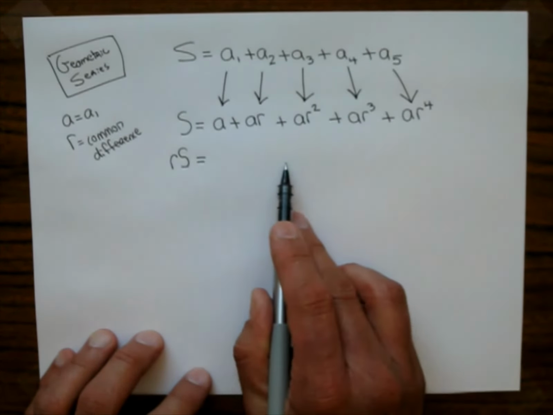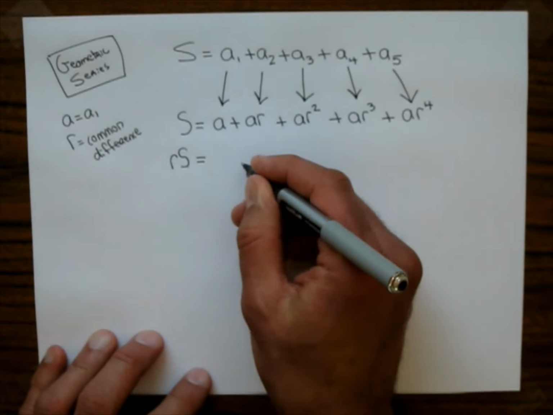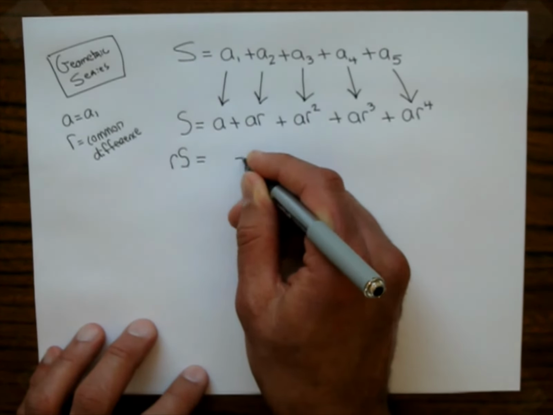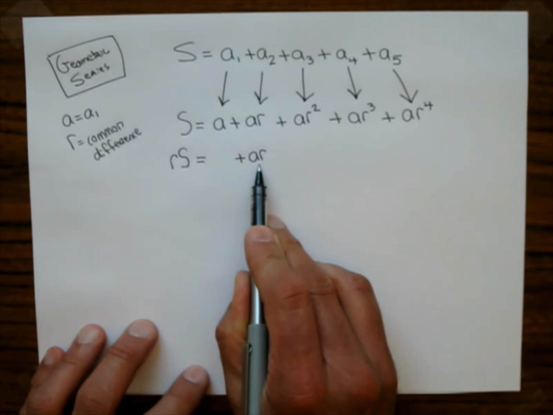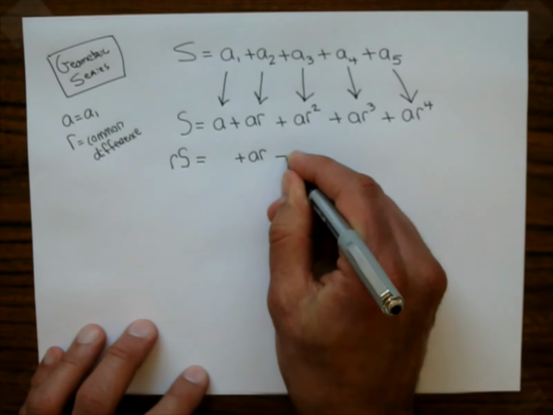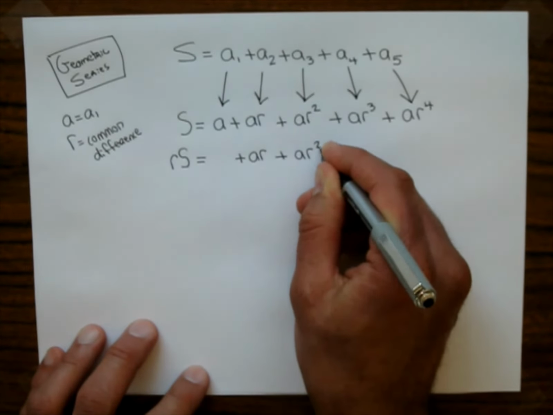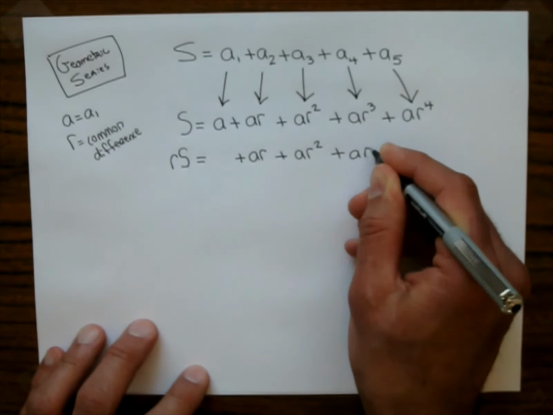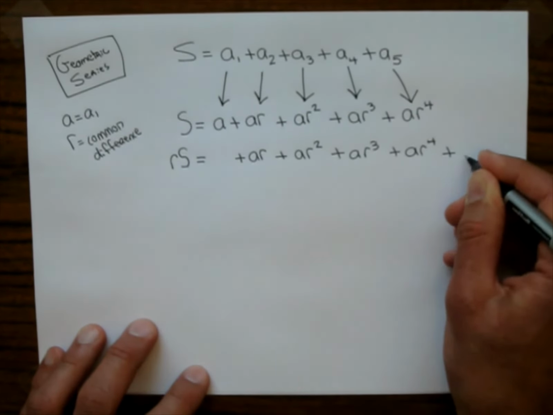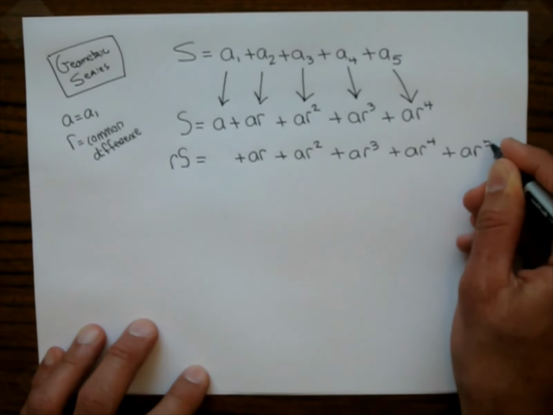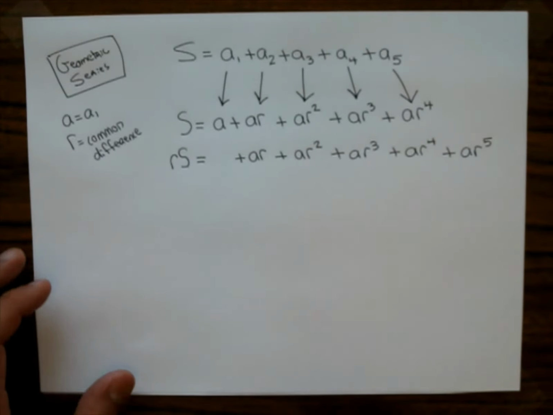I'm actually going to write them down, but I'm going to shift them over here. So watch this. This is going to be plus AR. I mean, that's this one times R, and I put it over here instead of right below. And then I have AR squared plus AR to the 3rd plus AR to the 4th plus AR to the 5th.